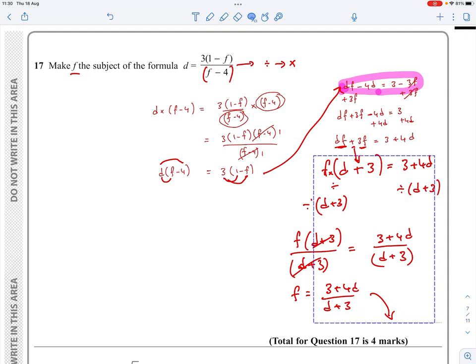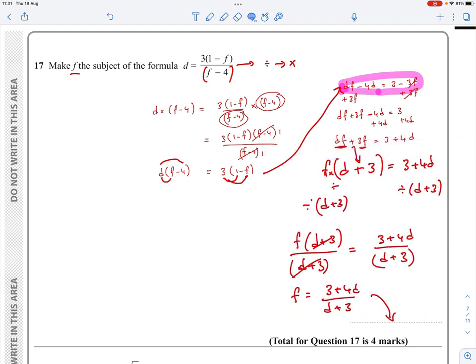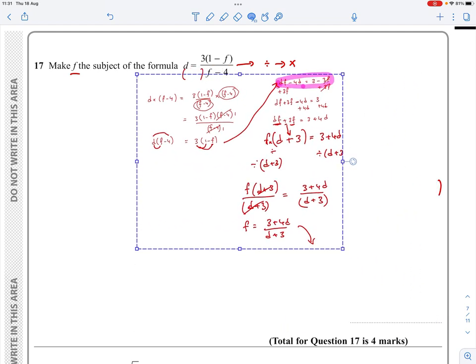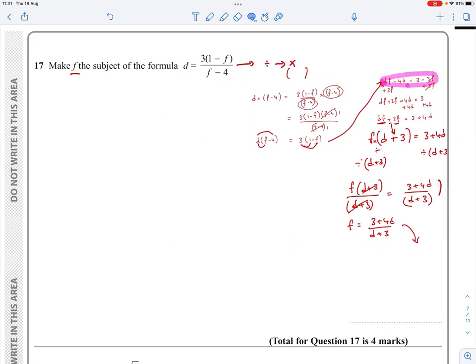Again, that wouldn't be wrong. So all you need is care and not to make mistakes. So let's do that on the side. I'm going to make that smaller, push that to the side.